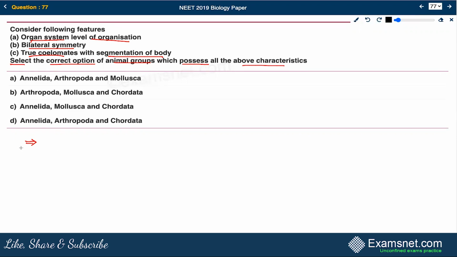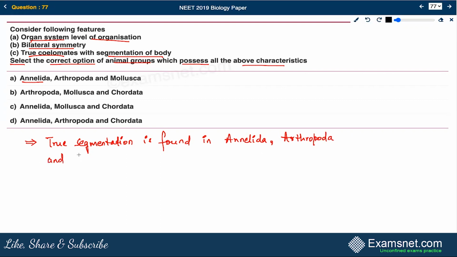If you look into the segmentation, true segmentation is found in Annelida, in Arthropoda, and Chordata.